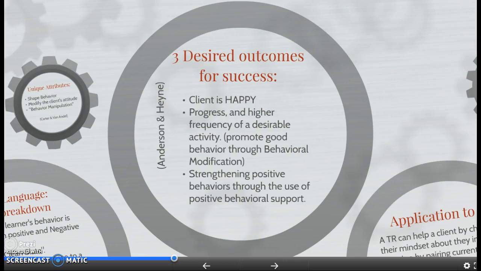So that's like promoting good behavior through behavioral modification, and also strengthening positive behaviors through the use of positive behavioral support. So we want a higher frequency of good behavior, but we want to strengthen the sense of doing good behavior so that they feel good about doing good behavior and they want to leave that bad behavior behind.